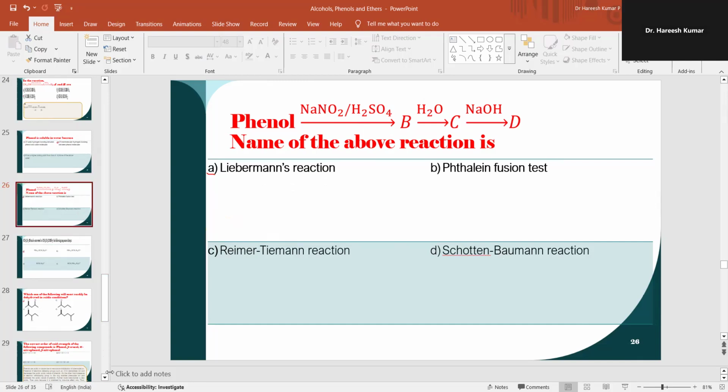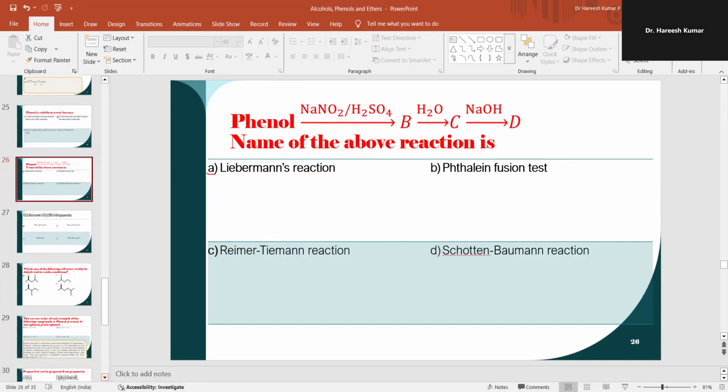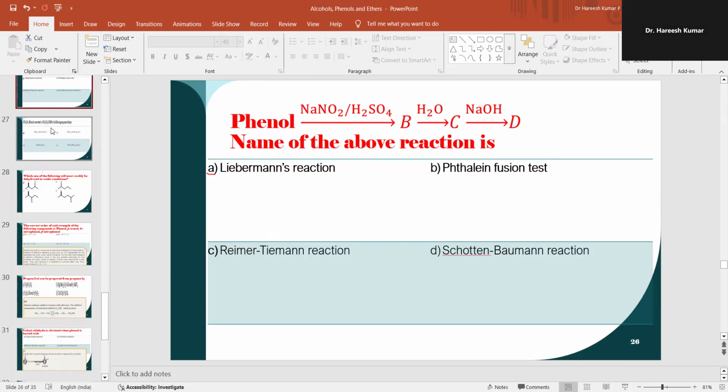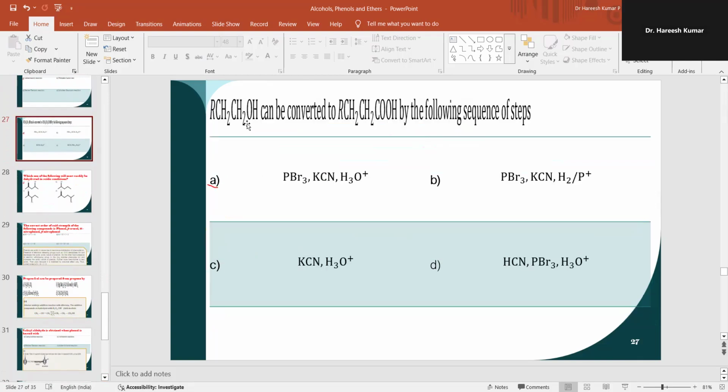Then let's take one more question. Alcohol can be converted into acids by the following sequence. That means alcohol on reaction with phosphorus tribromide has its OH group converted into bromo.